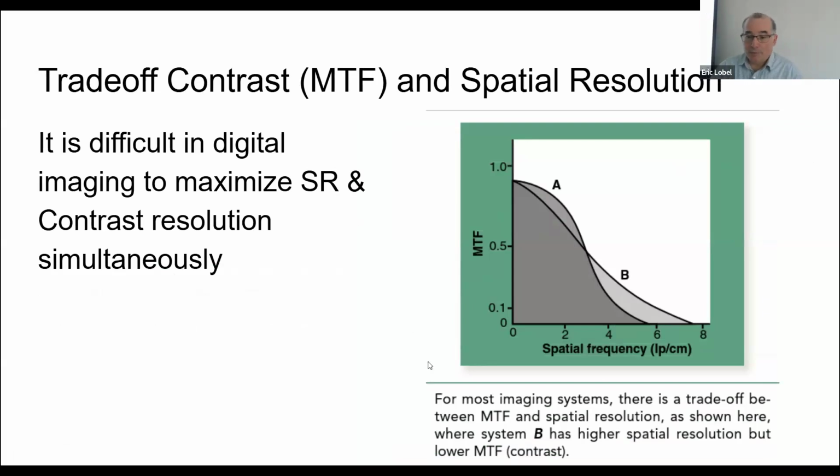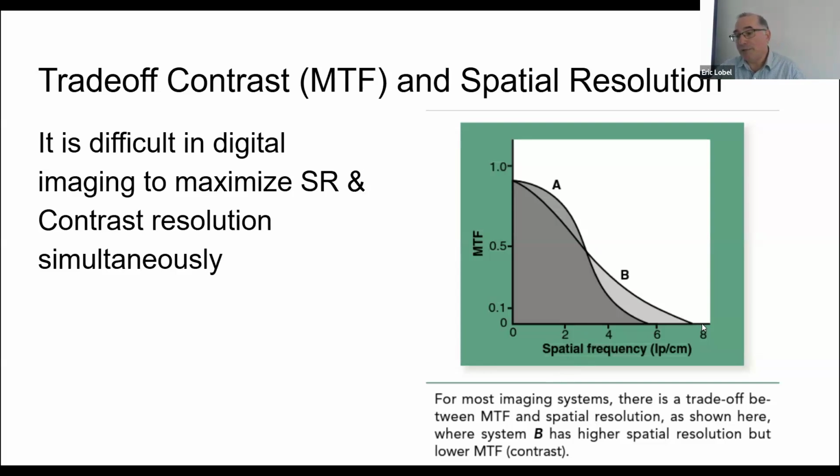So to sum this up, for most imaging systems, there's a trade-off between the contrast aspect of MTF and the spatial resolution, as shown here, where system B has higher spatial resolution but lower MTF. If we take this point here, it has higher spatial resolution in B, right?